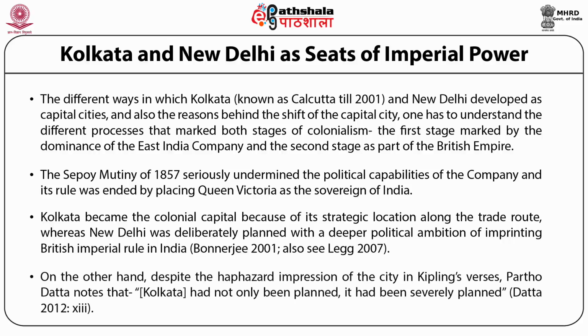On the other hand, despite the haphazard impression of the city in Kipling's verses, Partho Datta notes that Kolkata had not only been planned, it had been severely planned. However, both viewpoints reflect different aspects of urban development in Kolkata during colonial times.